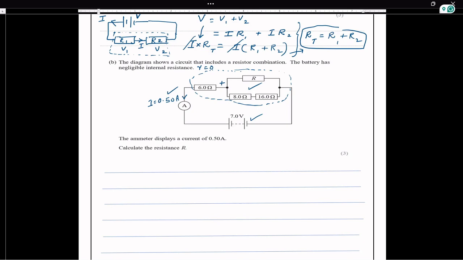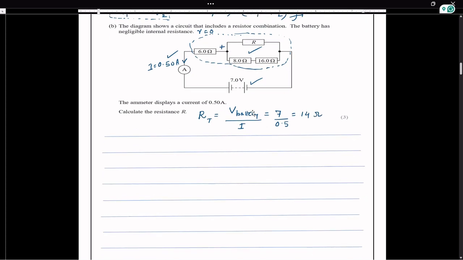R total, that is for this dotted box, is the total battery voltage, V power supply, over the circuit current, which is 7 over 0.5. This will be giving a value of 14 ohms. So total resistance is 14 ohms.